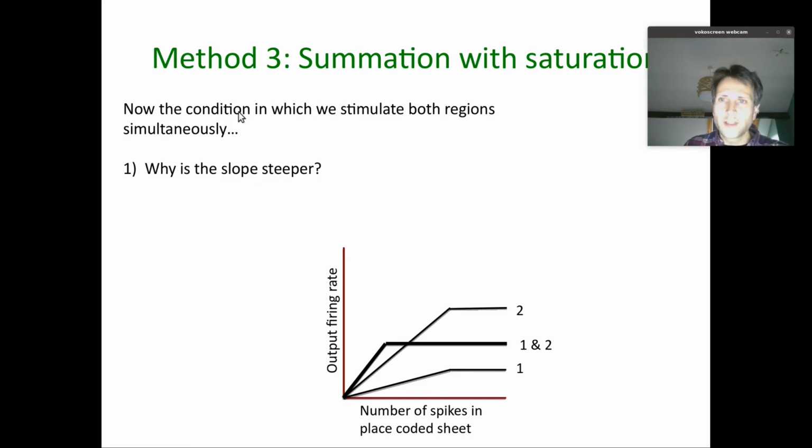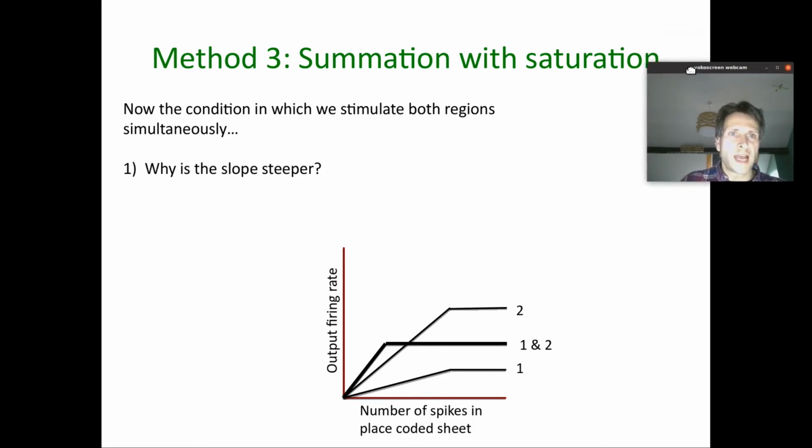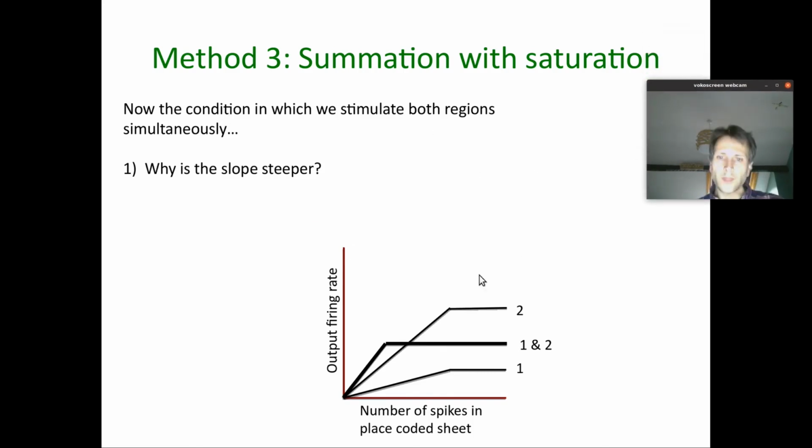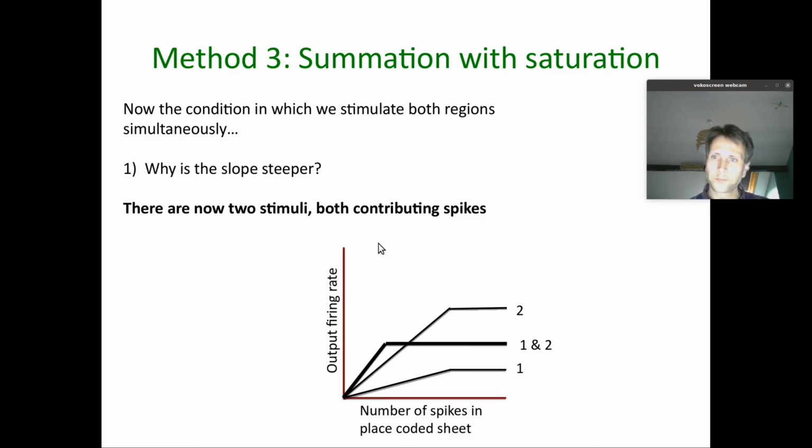Now the condition in which we stimulate both regions at the same time. Why is the slope steeper? It's steeper because we're driving 2 neurons now. They're both contributing spikes. Because we're driving 2 stimuli, we get to that threshold of 20 spikes more quickly, in half the time.